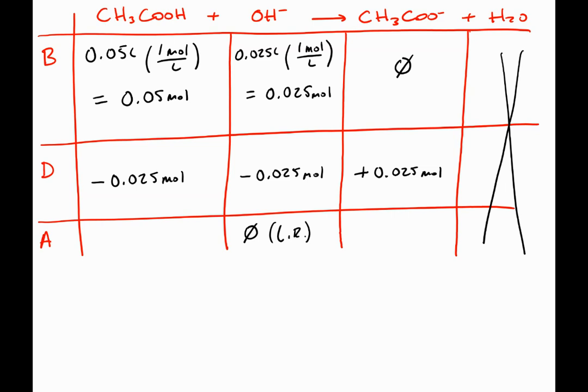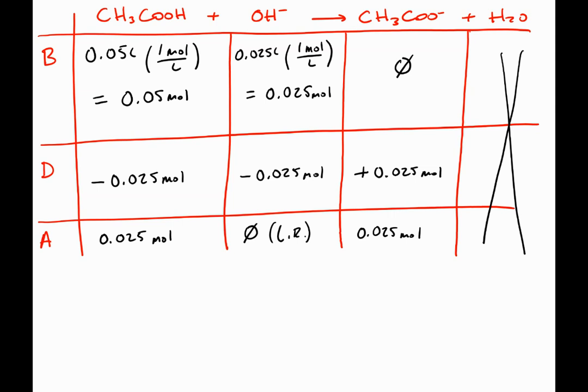When you add it all up, what you end up finding is after the reaction goes through to completion, you have 0.025 moles of the acetic acid. That's how much is left over. And you also have 0.025 moles of the acetate ion when the reaction goes to completion.